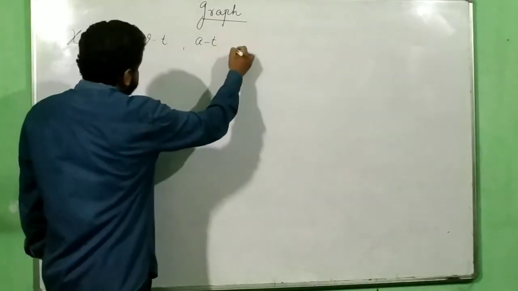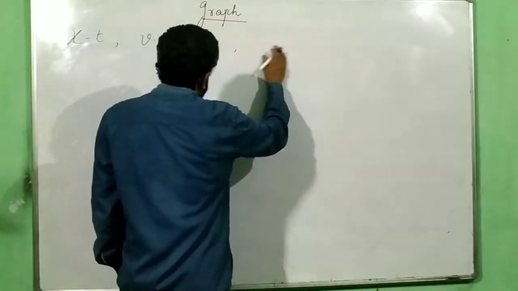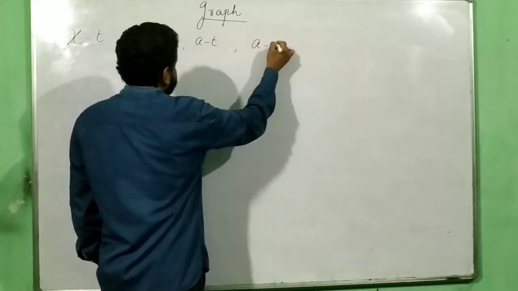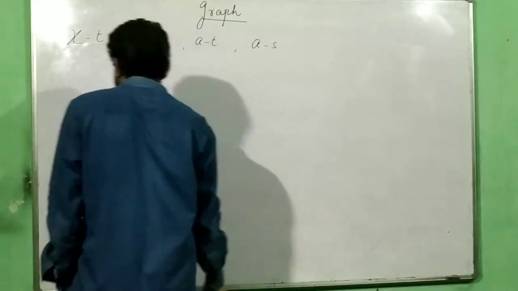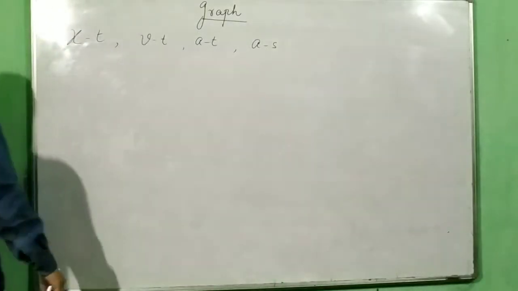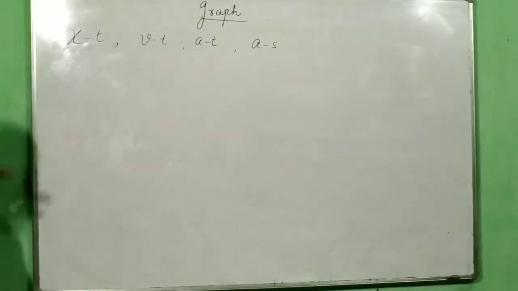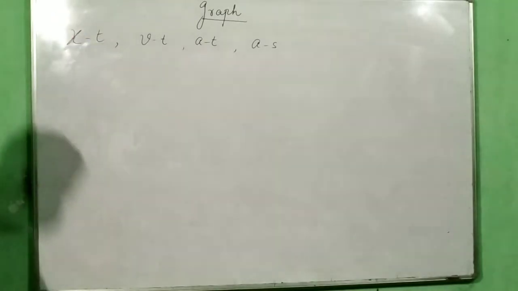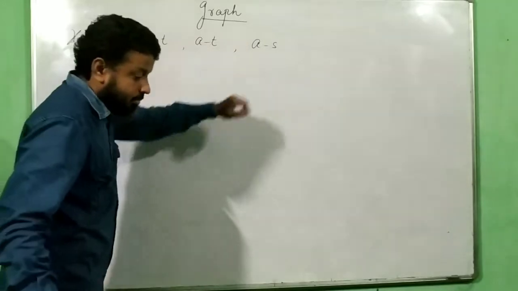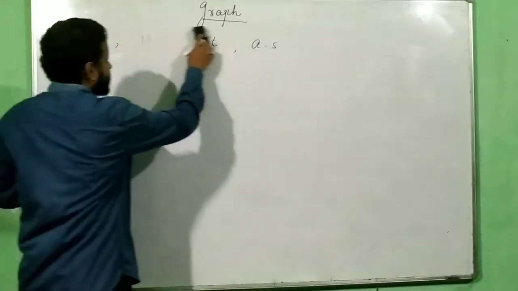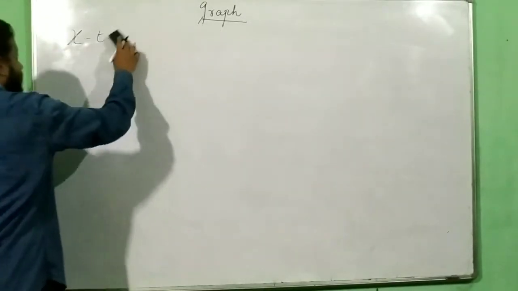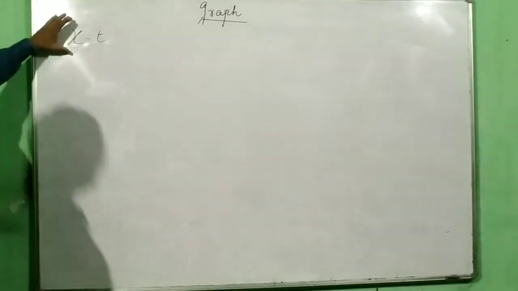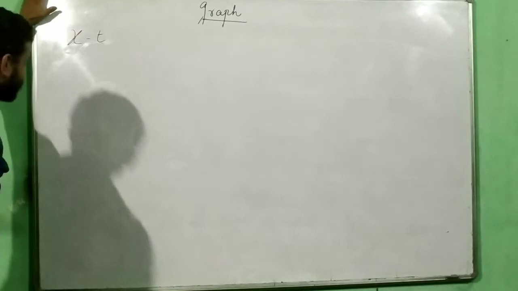And we will also see in a quick manner the expression of the A versus S graph. So in the first class we are going to start with the xt graph, the displacement time graph. These are the things which will come up slowly. But right now let us start with the displacement and time graph.